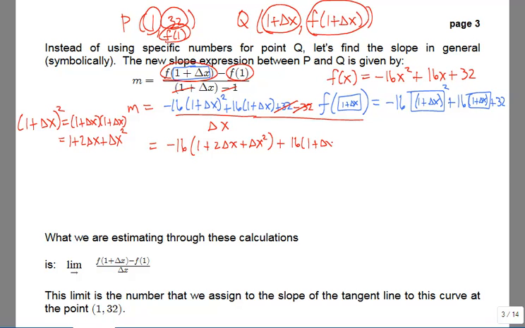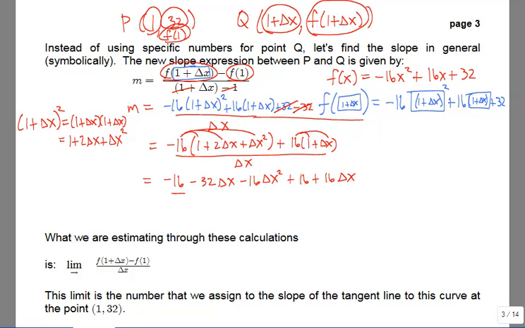So in my next step, let's go ahead and distribute those 16s across. This first one is actually a negative. So we're going to get a negative 16 minus 32 delta x minus 16 delta x squared. And then here we're going to get plus 16 delta x. So let's see what cancels. Our 16 and our negative 16 cancel out.